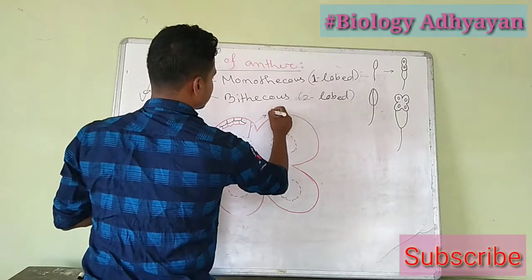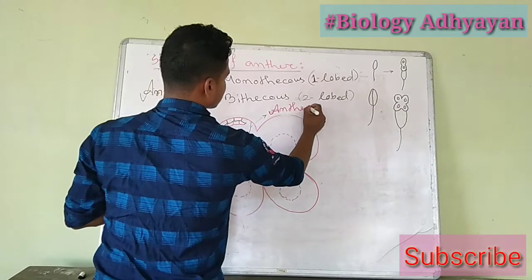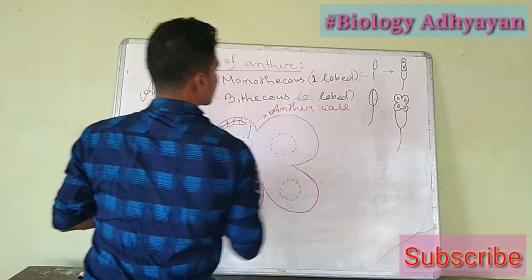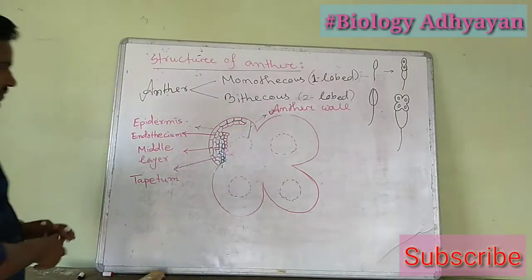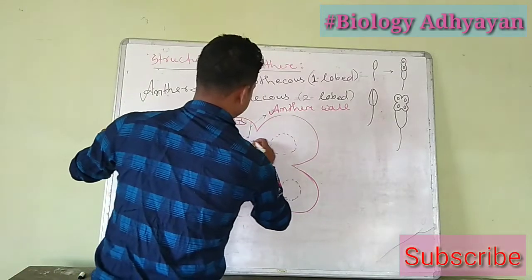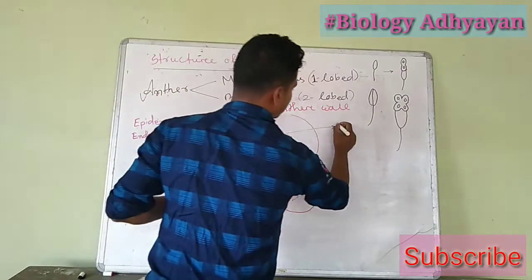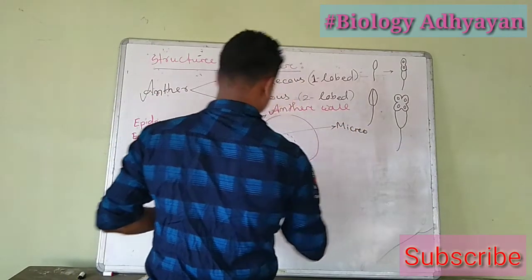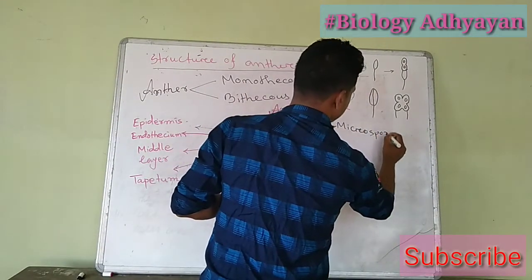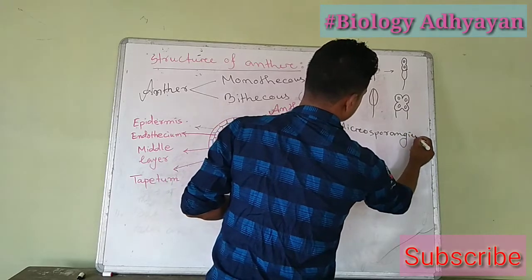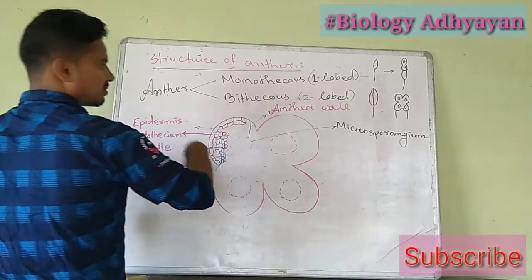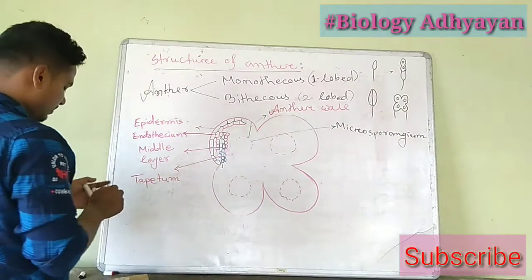Now inside, this is called the microsporangium, inside which pollen grains develop later on.